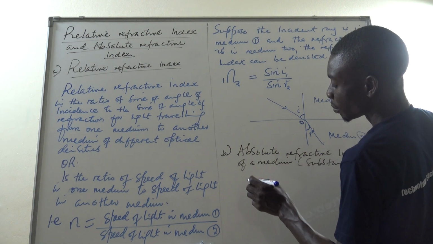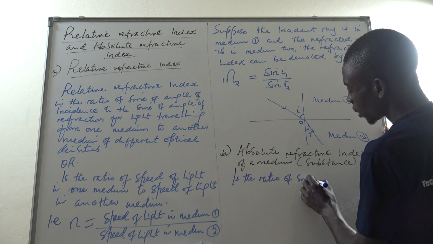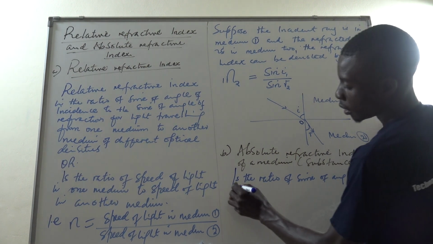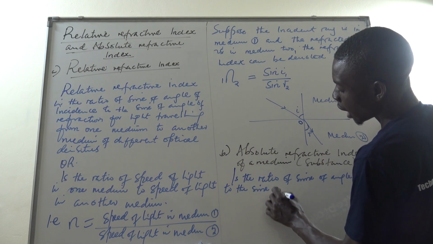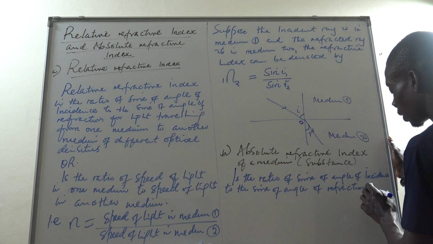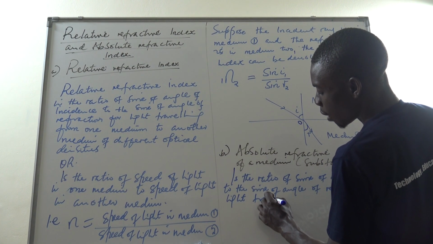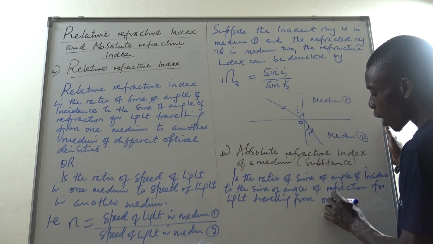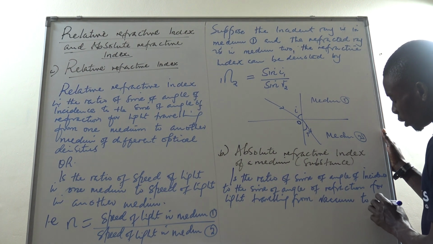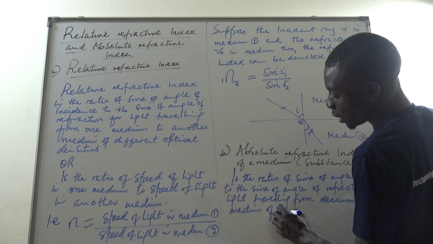We can define it as the ratio of sine of angle of incidence to the sine of angle of refraction for light traveling from vacuum to another media.